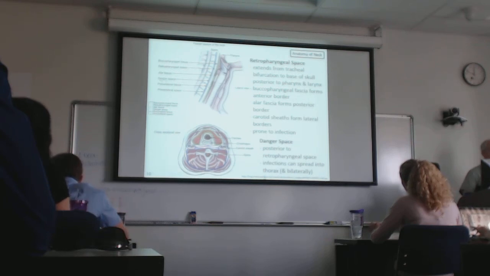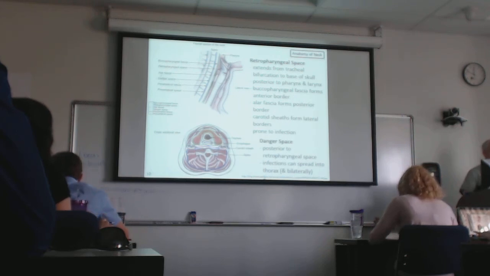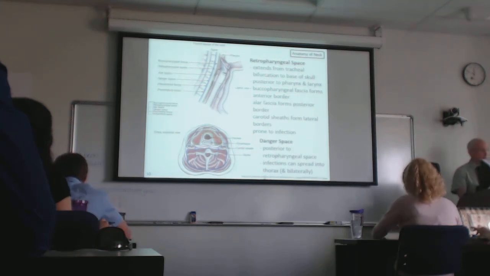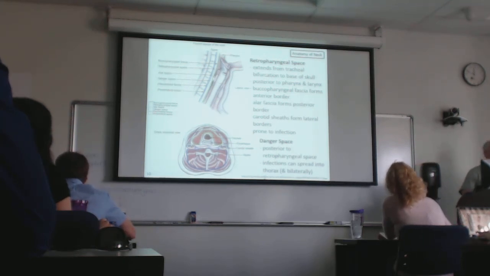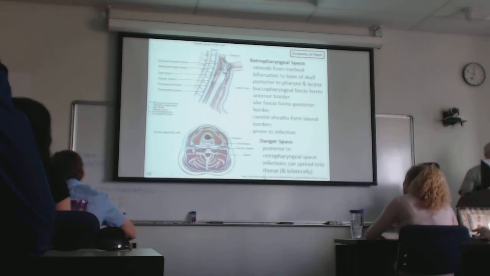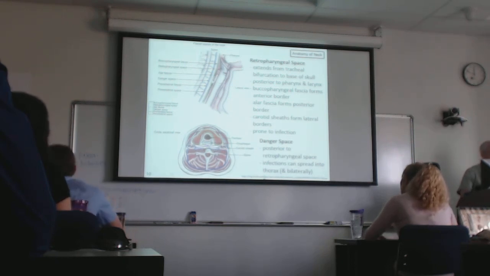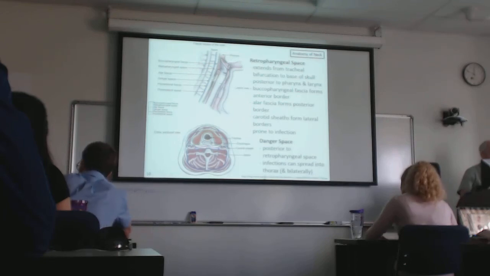Anterior to that is a region called the danger space. And you might ask yourself, why is it a dangerous space? And then anterior to that, you can see this sort of pink membrane here, which corresponds to the pink membrane down here. So this pink membrane here and the pink membrane here, that's the alar fascia.